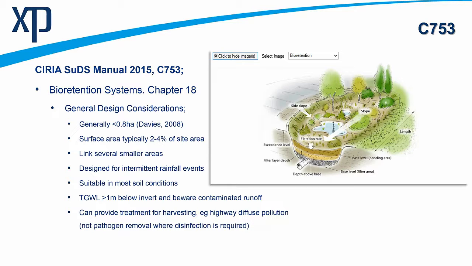These systems are really great for providing treatment and for rainwater harvesting. So good for things like highway diffuse pollution, for example, but they won't remove pathogens. So if you did need to remove pathogens, we'd have to put in some form of disinfection prior to reusing that water. But they are really good for water quality.